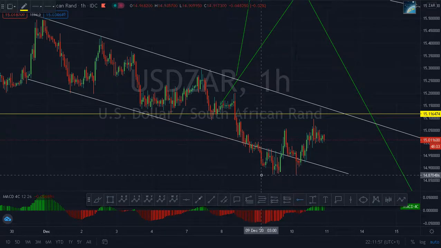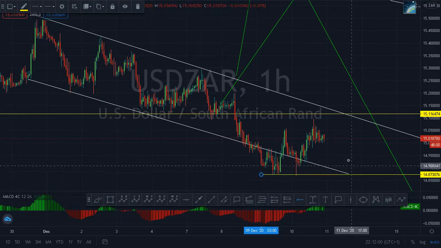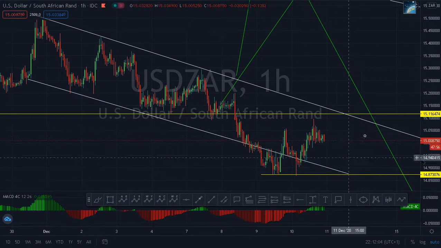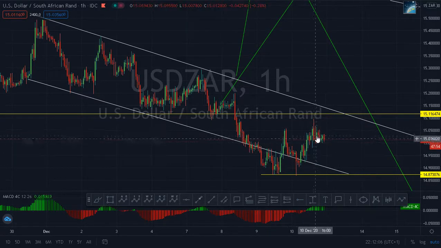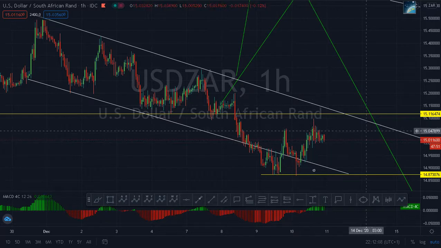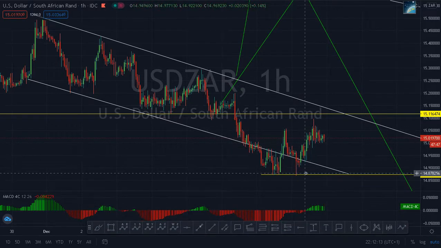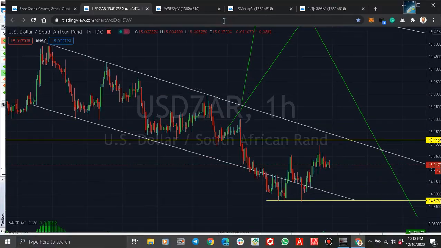So maybe it is an indication that the price will keep going up, but let's keep watching. But the momentum of the up move is not that interesting, so to say. Okay, I'm going away from this chart.